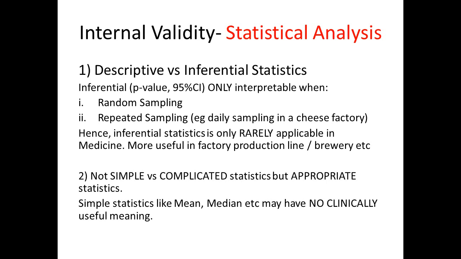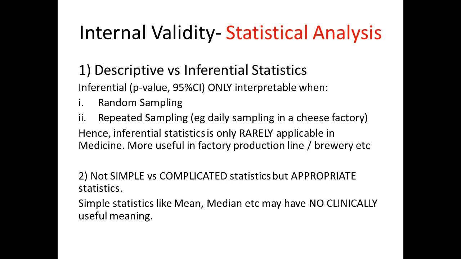And we don't do repeated sampling of the same population, right? So this is something that was used in fields like agriculture, brewery, production line. It is more of an industrial method, but somehow it ended up being used in medicine. And now statisticians worldwide are trying to push back on this, right?